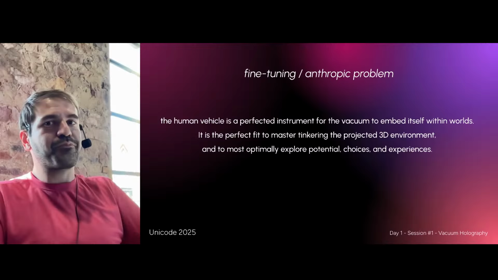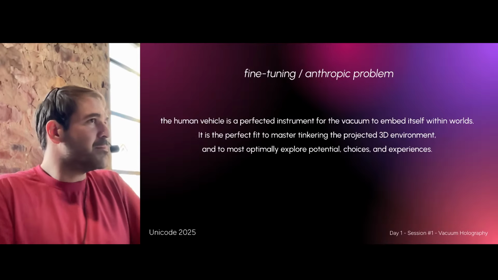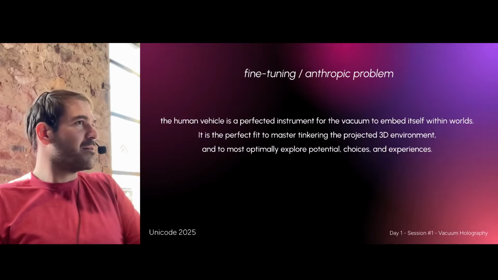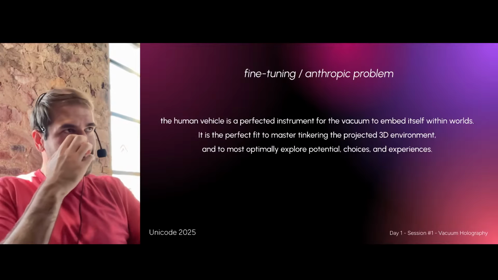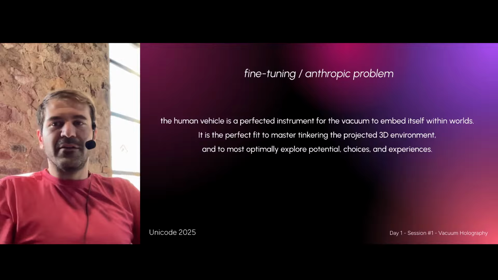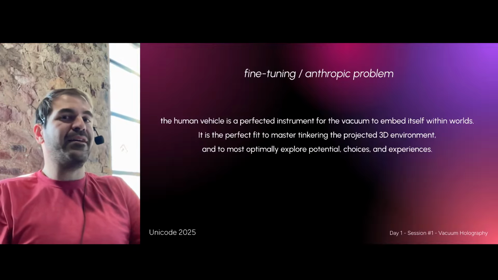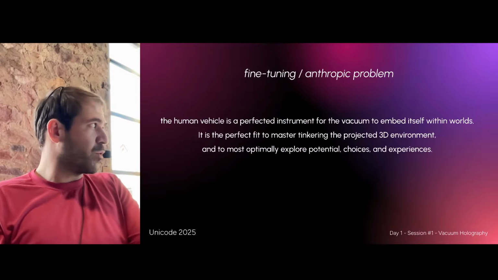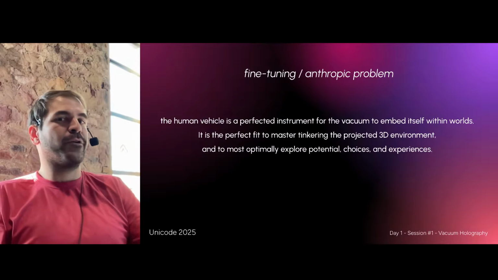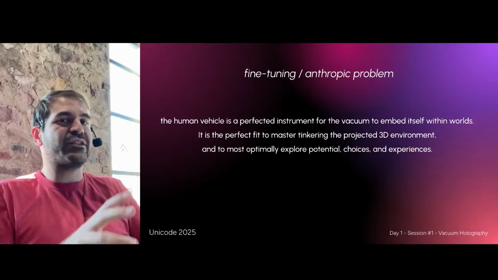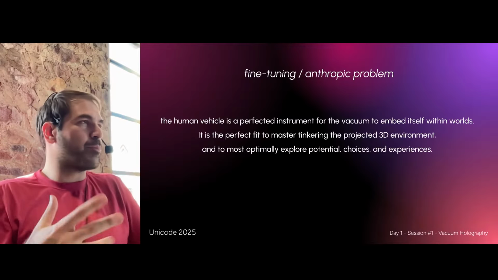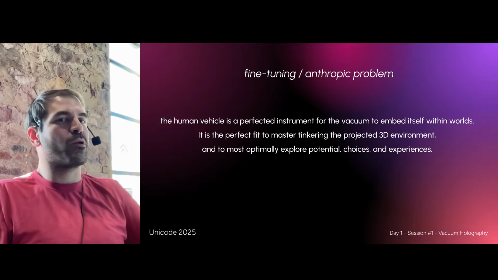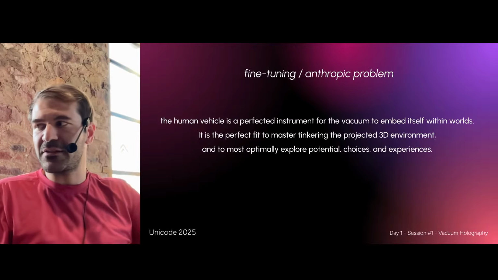So there is no problem. It's God's perfection. So the human vehicle is a perfected instrument for the vacuum to embed itself within worlds. It is the perfect fit to master tinkering in the projected 3D environment and to most optimally explore potential choices and experiences.